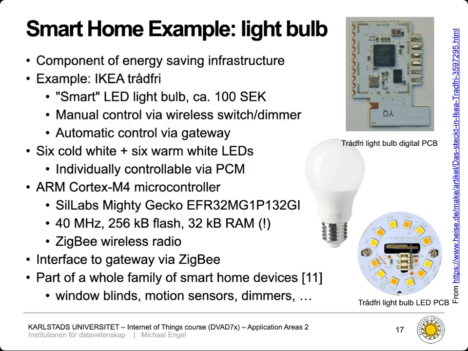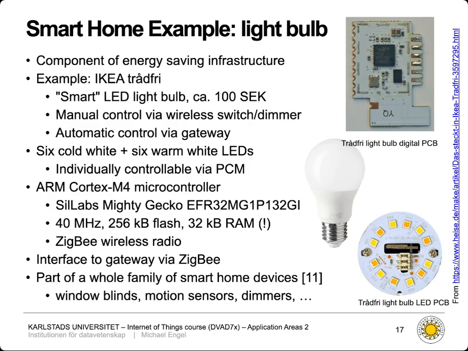So if there are bathrooms with automatic lighting, you don't want to have light switches in a bathroom because that's a major transmission medium for bacteria or viruses. So you want to have the lights automatically turn on whenever there's somebody in the bathroom, and you want them to automatically turn off when nobody's in the bathroom anymore in order to save energy.